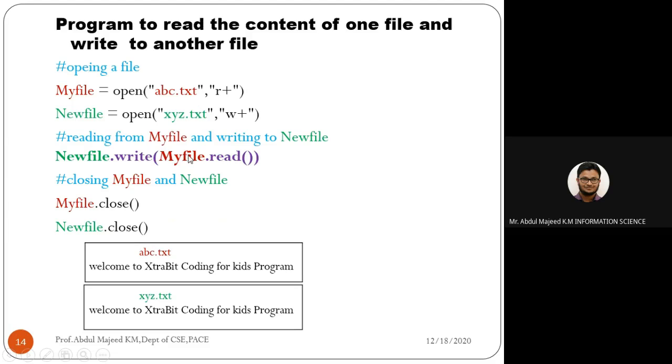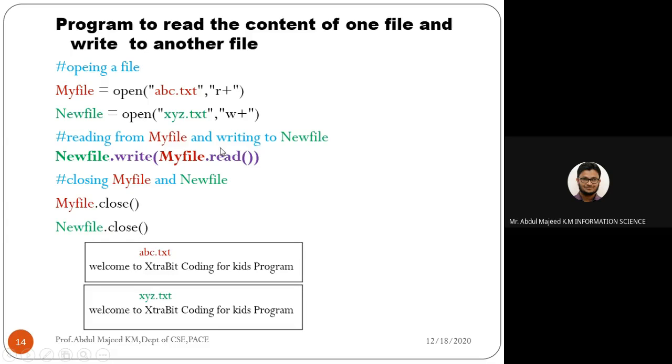Then the content will be written to, or copied to, new file, that is xyz.txt. So read the content from abc.txt and write to xyz.txt. After that, don't forget to close both files. So my file.close, new file.close.